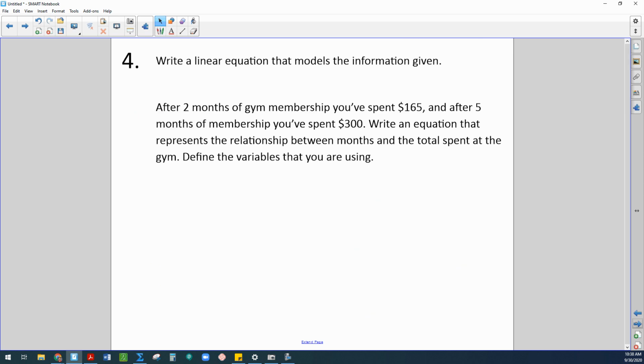Number 4, write a linear equation that models this information. After 2 months of a gym membership, you've spent $165, and after 5 months, you've spent $300. Write an equation that represents the relationship between months and total spent. So we don't have a total. We don't have a starting point.